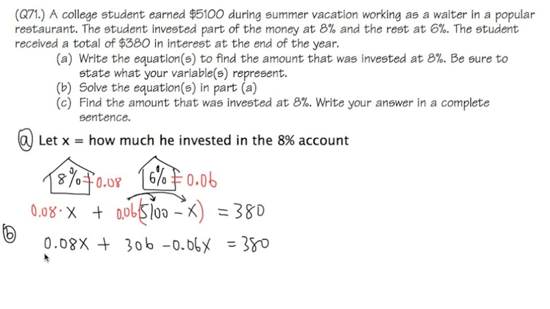We'll continue to solve this equation. We can combine like terms here. 0.08X minus 0.06X is 0.02X, plus 306 equals 380.